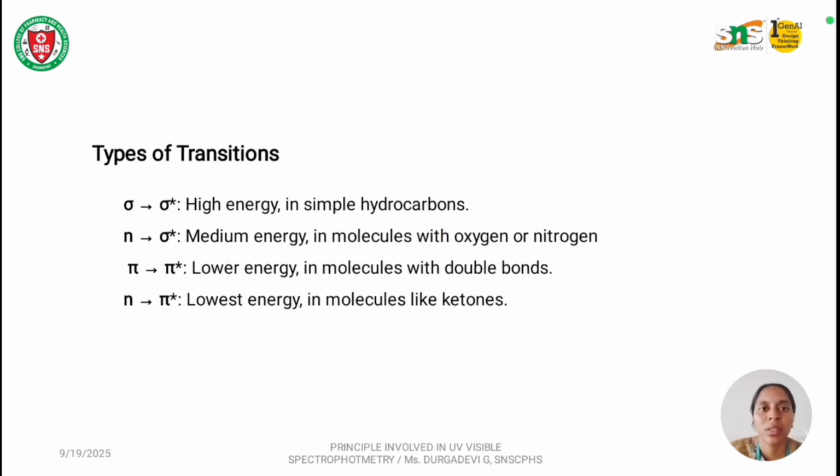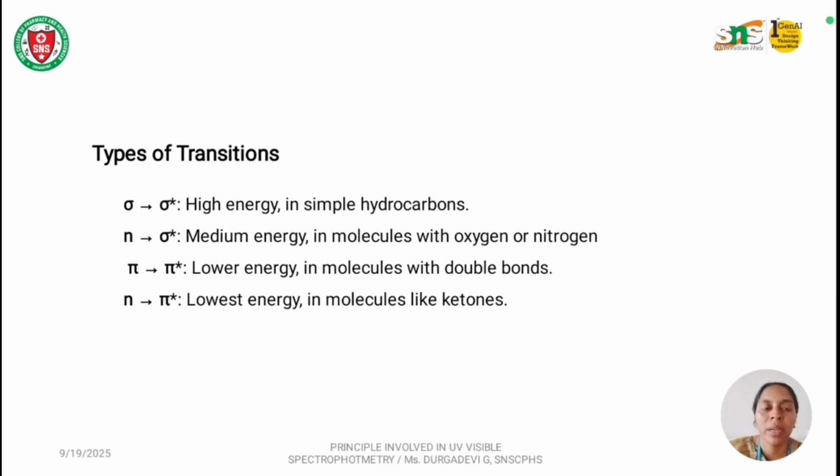The sigma to sigma star transition needs higher energy in simple hydrocarbons. This kind of transition happens when our sample consists of a hydrocarbon and it requires higher energy. Hydrocarbons are components that have similar single bonds. And the n to sigma star transition will happen in molecules with oxygen or nitrogen.